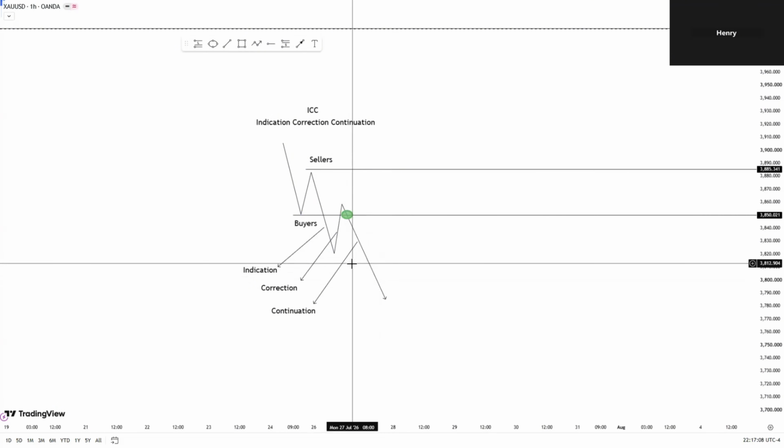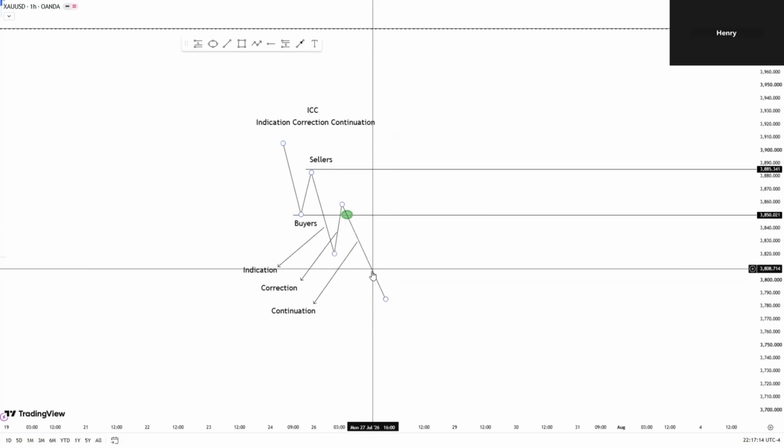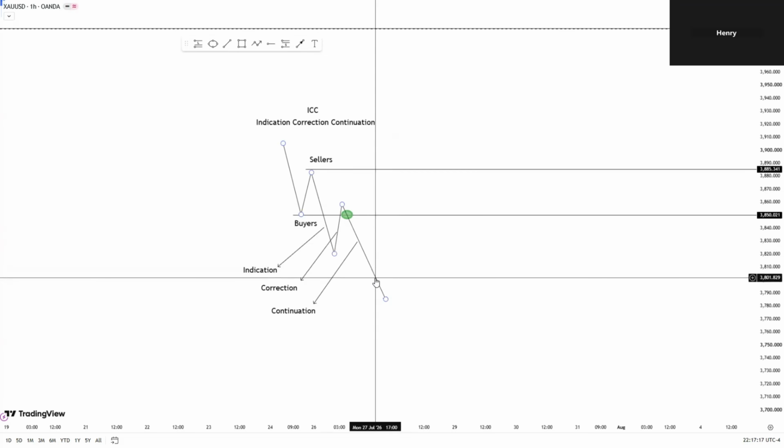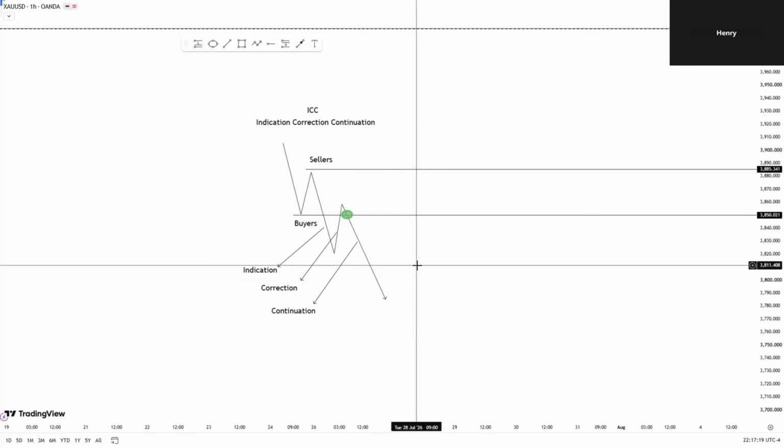This is how ICC comes into play, right? Price is going to break this level and create another lower low. Okay, boom. Hope that's well understood.